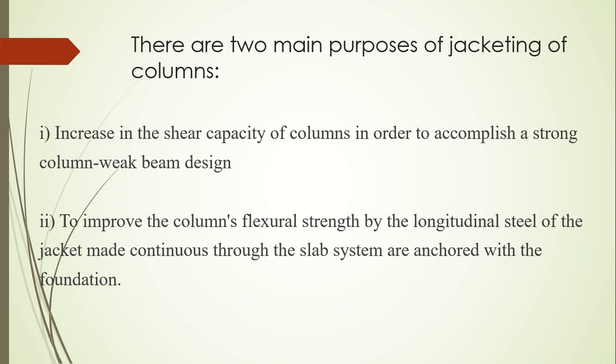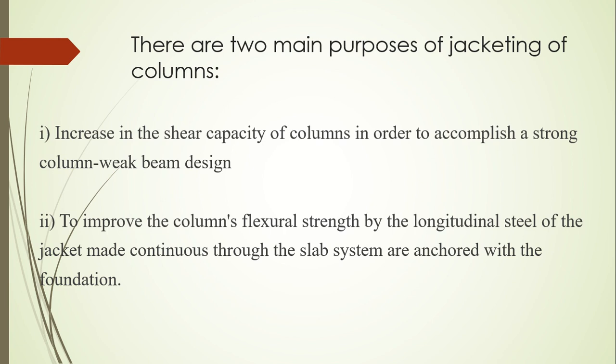So what is the main purpose of jacketing the columns? It will increase the shear capacity of the column. So it will help to accomplish a strong column. Sometimes, if the column and beam design is very weak, this jacketing will increase the shear capacity of the columns.